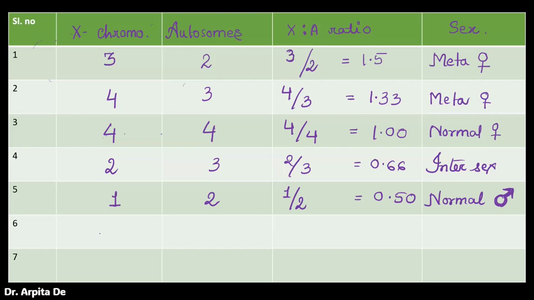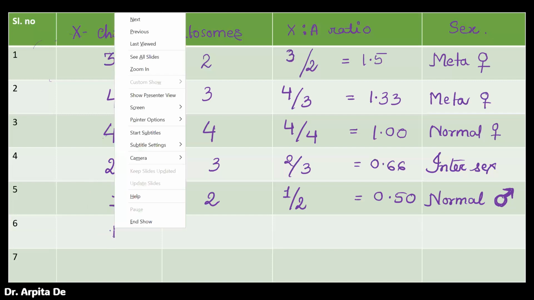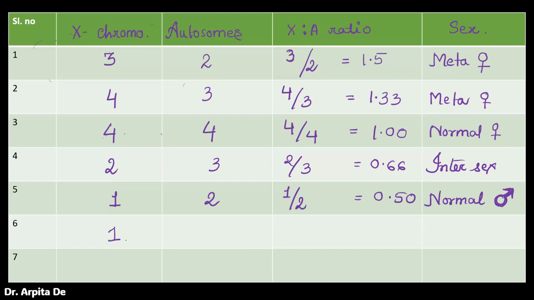And the last condition for males here: 1 X chromosome and 3 autosomes. What will happen? This is a meta male.